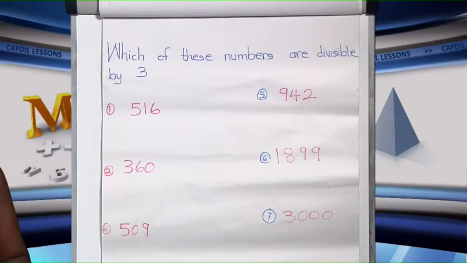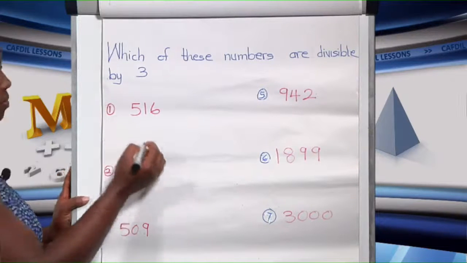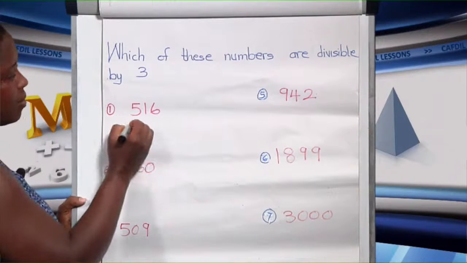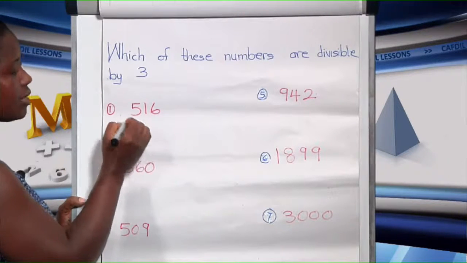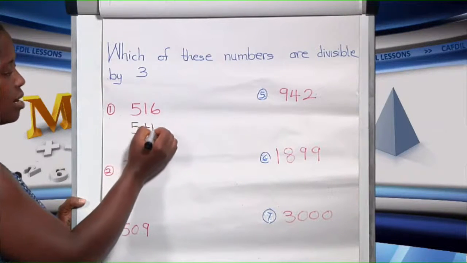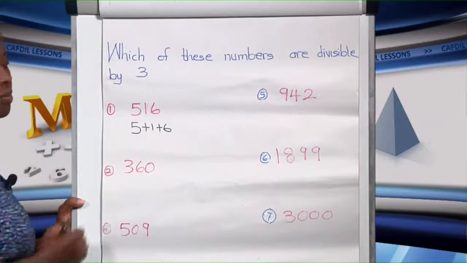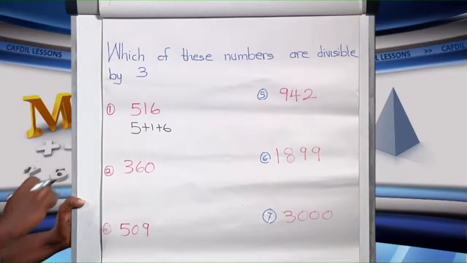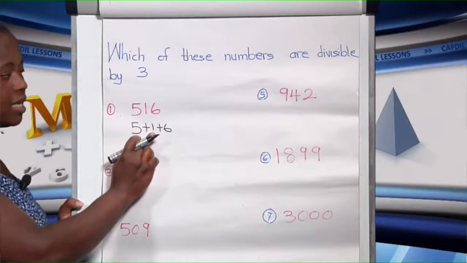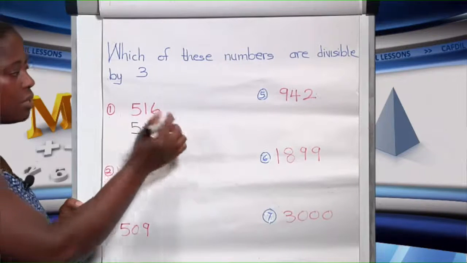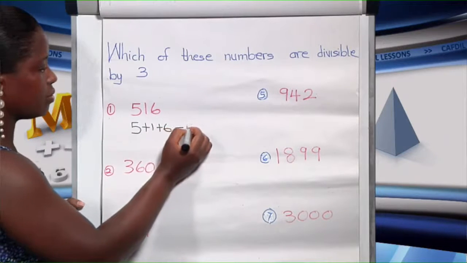Is it divisible by 3? Let's check and see. So let's add the digits. 5 plus 1 plus 6. 5 plus 1 is 6. 6 plus 6 will give us 12.